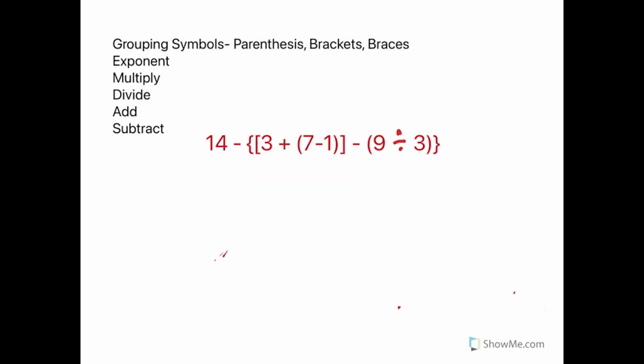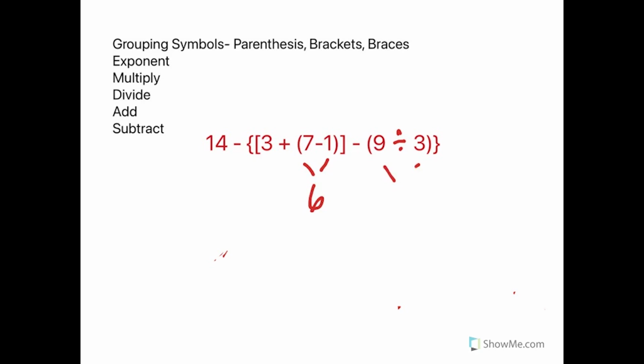All right, let's look at this last problem here. So we're going to do parentheses first. Now there's 2 sets of parentheses, so we can do that at the same time. We just need to make sure to keep everything nice and neat. So 7 minus 1 is 6.